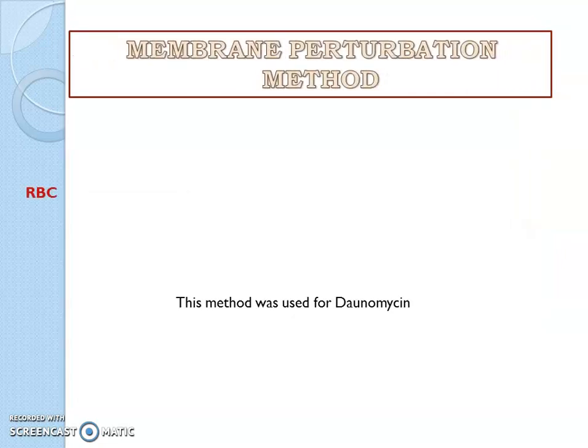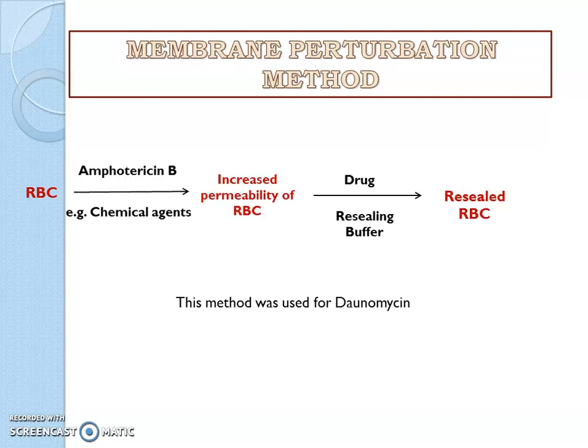So the first method is the membrane perturbation method. In this method, the erythrocytes are exposed to certain chemical agents so that there is an increase in the permeability of the RBCs. Here, amphotericin B, an antibiotic, is used to increase the permeability of the RBCs.